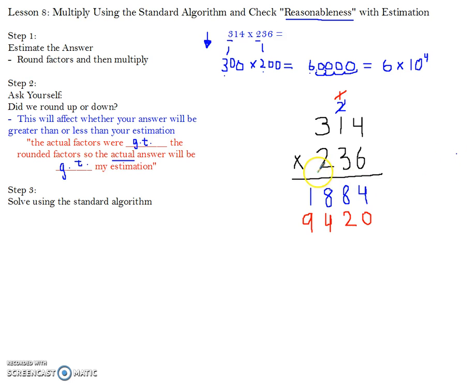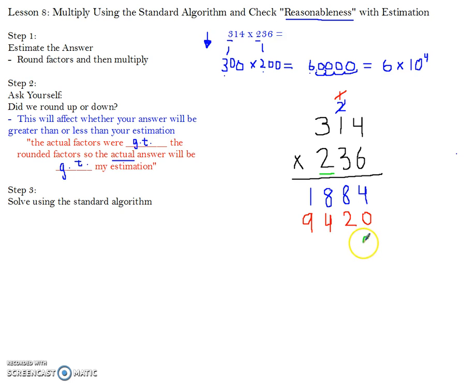Now I'm going to move on to my next digit, my bottom number, the 2, and I'm going to do the same thing. I'm going to multiply it by all 3 numbers, starting with the furthest one to the right. I also need to remember that this 2 is not a 2. It is actually 2 in the hundreds column, so it's 200.